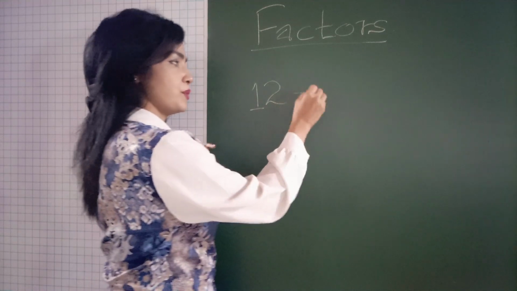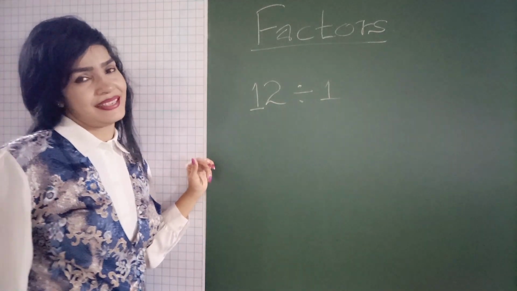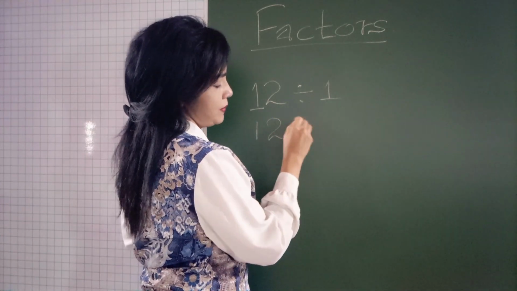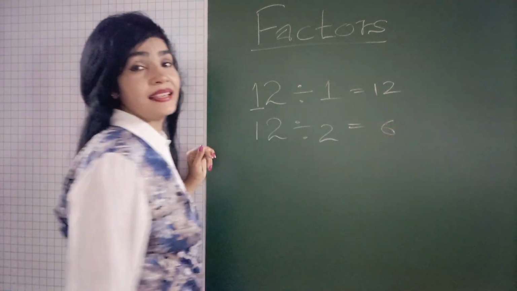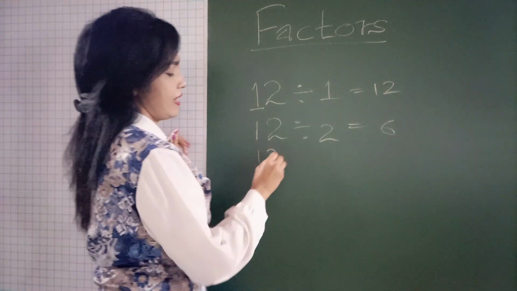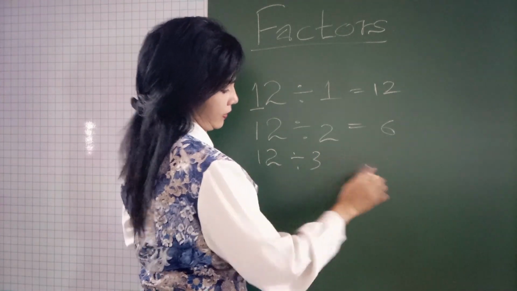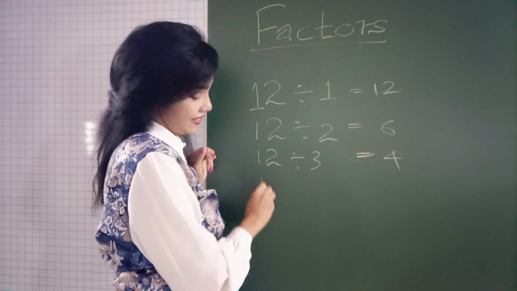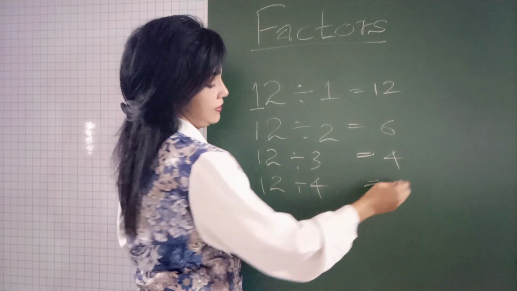Okay, 12 I can divide by 1 without any remainder. Am I correct? Yes. Can I divide 12 by 2 without any remainder? Yes. Can I divide 12 by 3 without any remainder? Yes. 12 divided by 4 without any remainder.